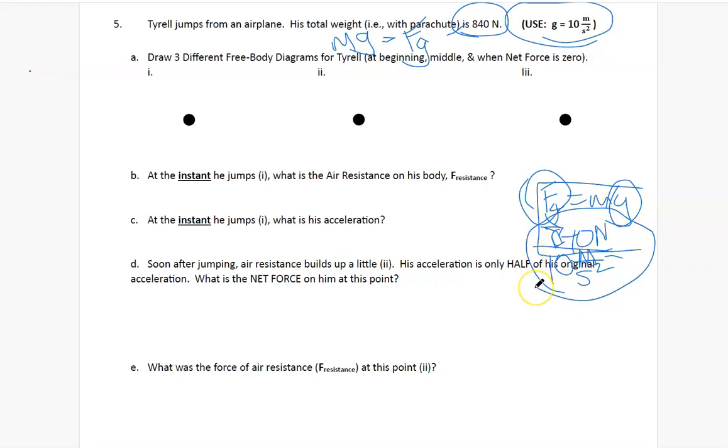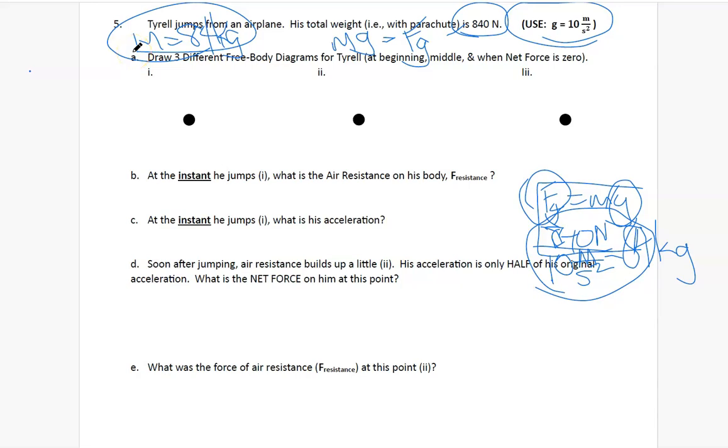Hopefully you know how to divide by 10. You're literally just moving the decimal point. And that's 84, and the units for mass are kilograms. So his mass is 84 kilograms. And this will probably be of use to you later in the problem. So keep that in mind right away.